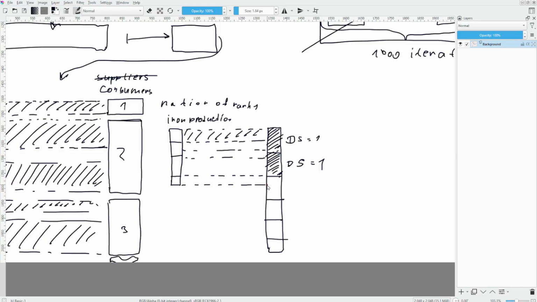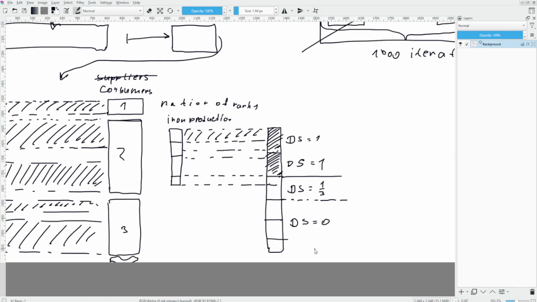And then this nation is kind of, well, their demand satisfaction is 1/3. So the moment you pass through this border, you are experiencing a drop in your demand satisfaction immediately, which is not really good for your producers. And then the rest of the world have demand satisfaction of 0. They get nothing at all.